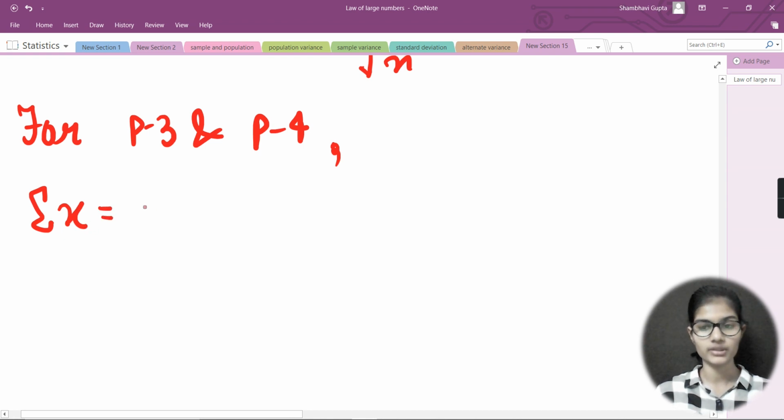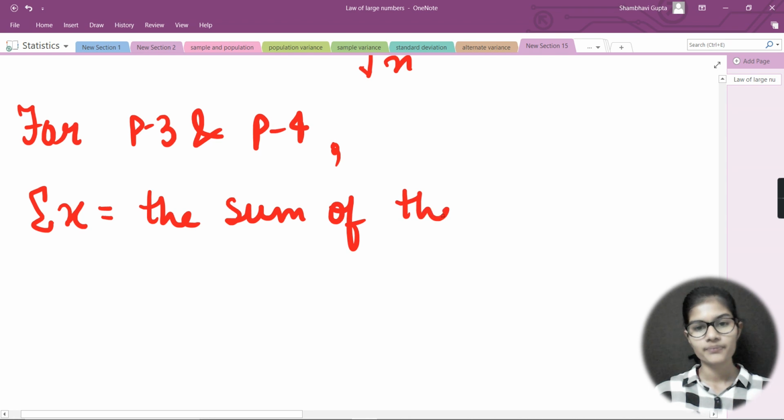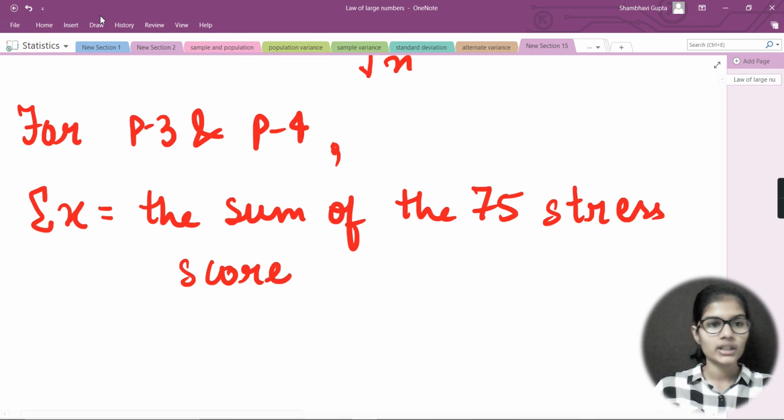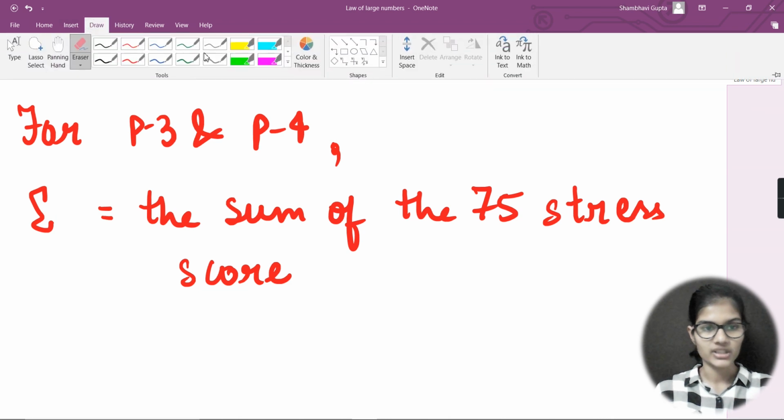I would just give the values here. So sigma x is equal to the sum of the 75 stress scores. Let me quickly erase this small x and make it a capital one.